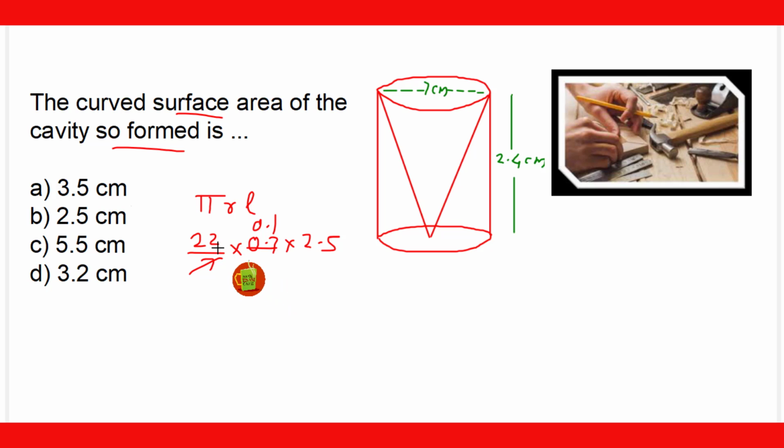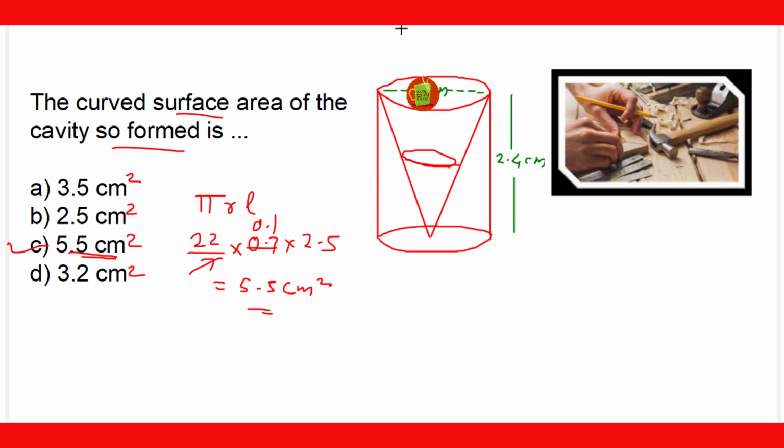So 22 into 0.1 into 2.5 is equal to 5.5 square centimeter. So the curved surface area of this cavity is 5.5 square centimeter, and the C option will be the correct option.